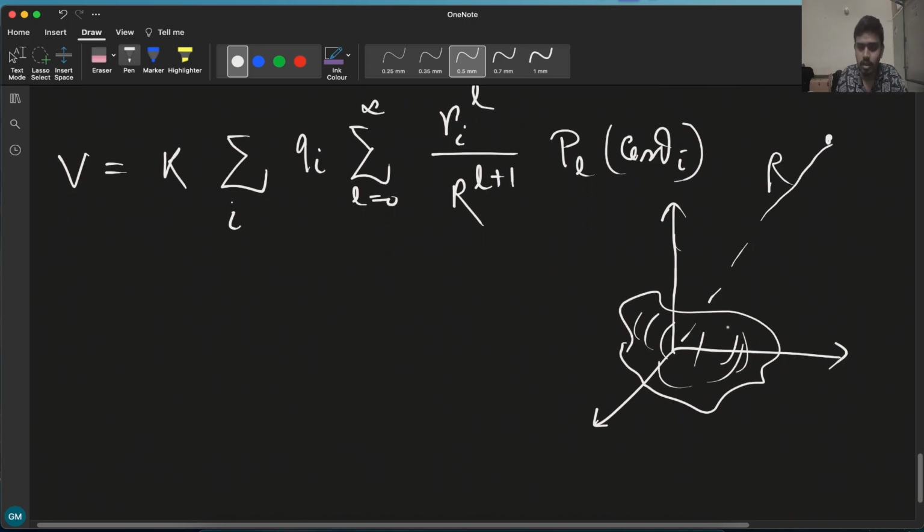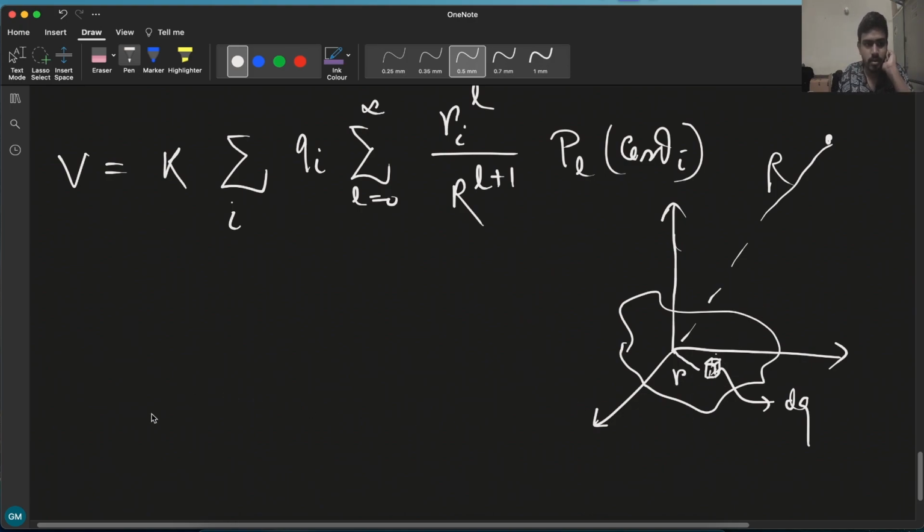For that, we need to consider an infinitesimal volume of charge at a distance r. Let me call it dq, an infinitesimal amount of charge, located at a distance r.